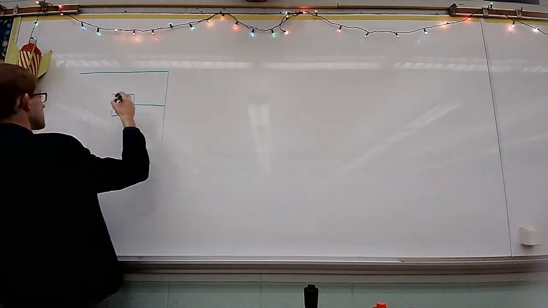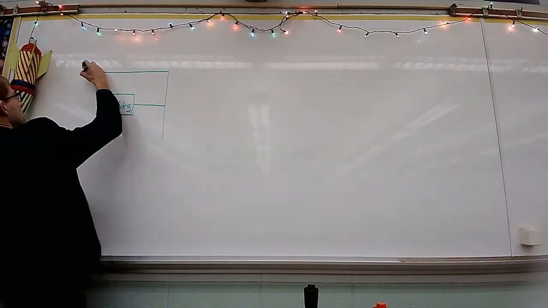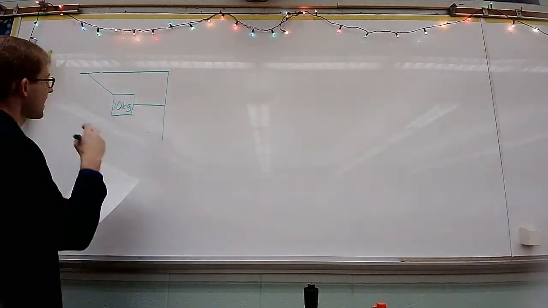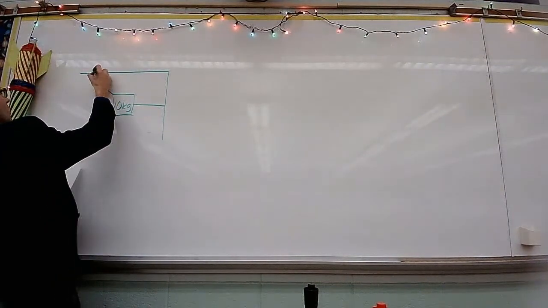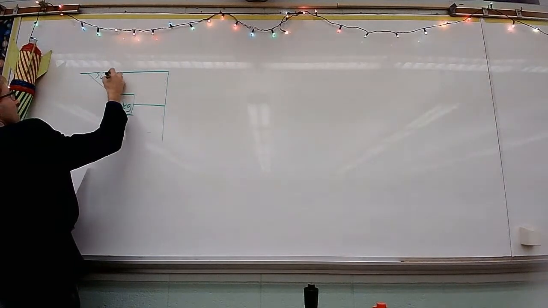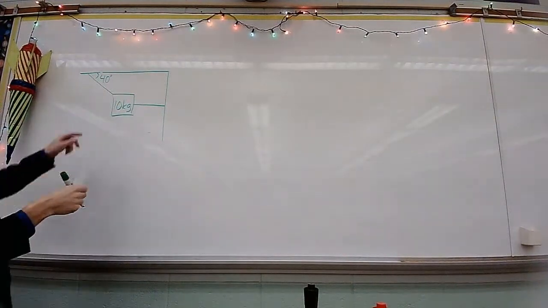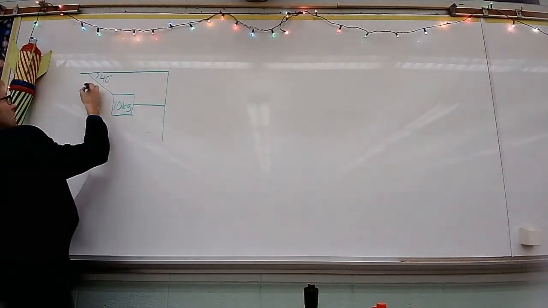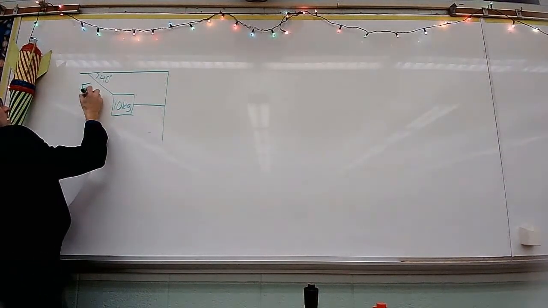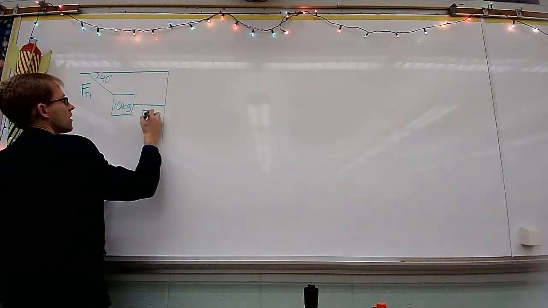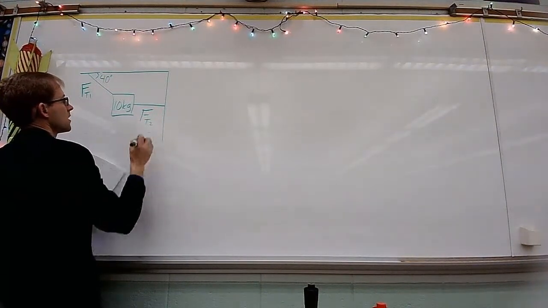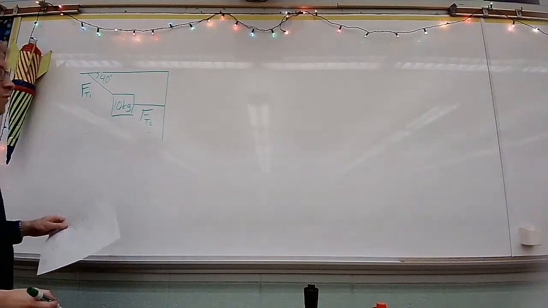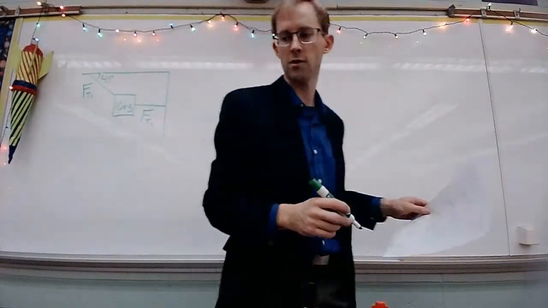Now it's suspended by different strings here. And we've been using 40-degree angles, so we might as well not change that story. So we've got a 40-degree angle on the top left there. And we've got two tension forces then. We'll call this tension force 1. We'll call this tension force 2. So my question then is, what are those tension forces equal to?